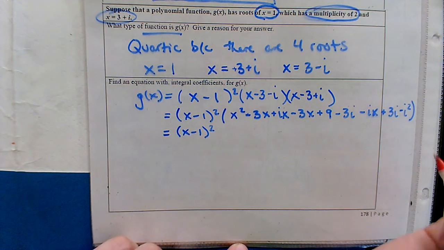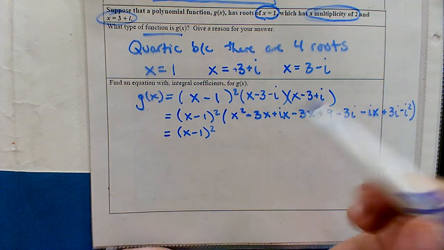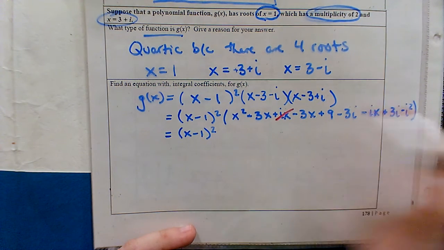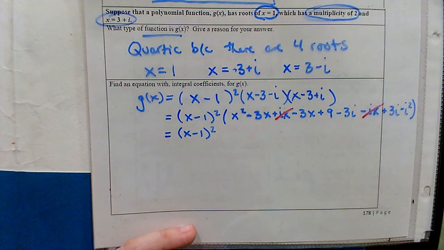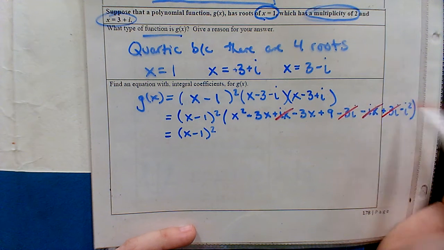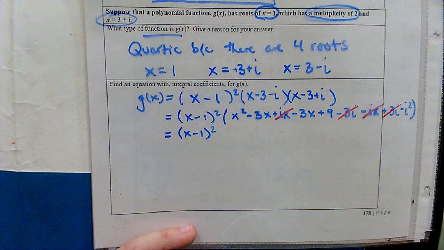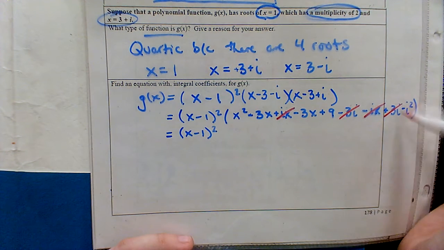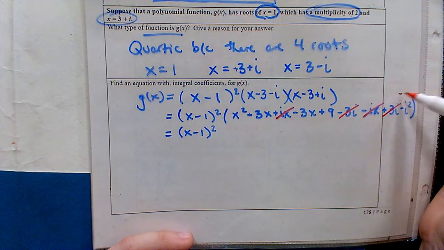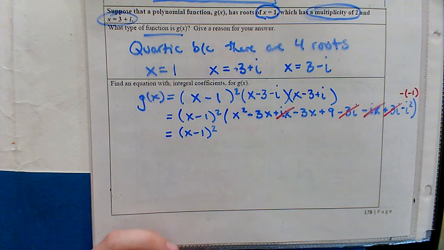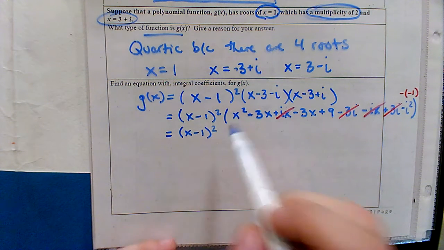Good, Marie? You can cancel out ix with -ix. All right, so that's gone and that's gone. You can also cancel out -3i and plus 3i. And then -i squared. Okay, so right here we have a negative times a -1. Looks good. I think all the i's went away, right?